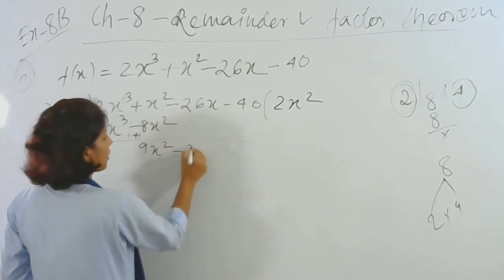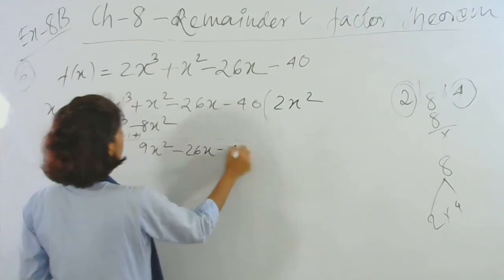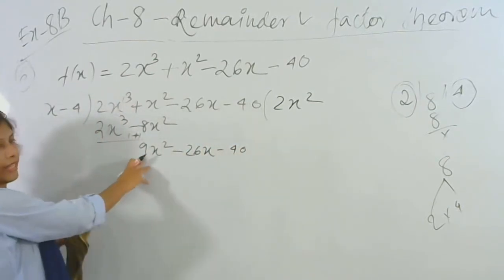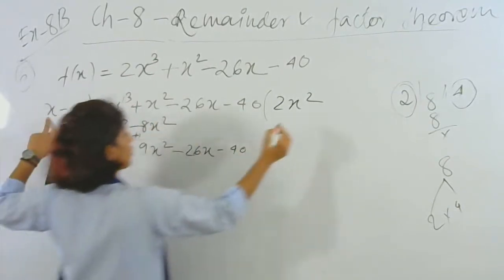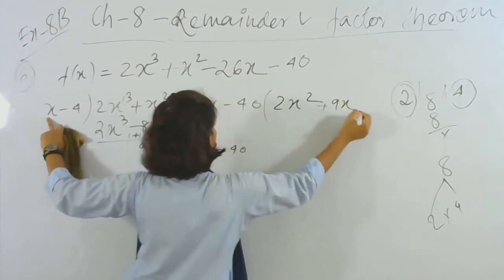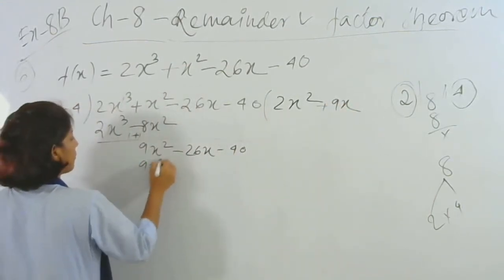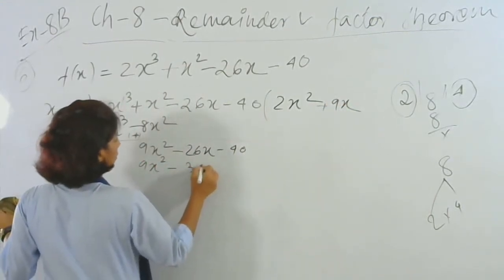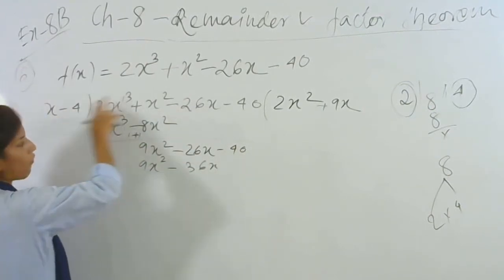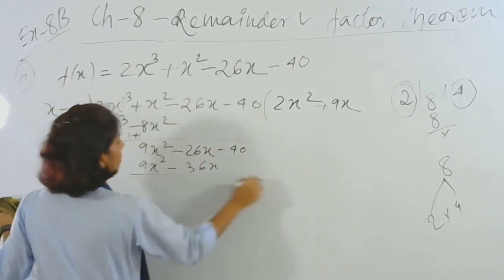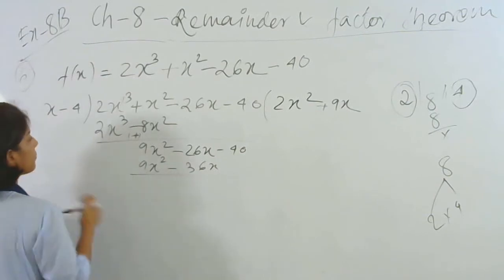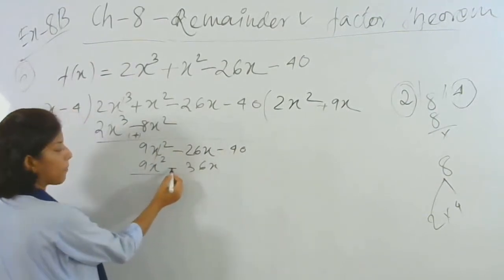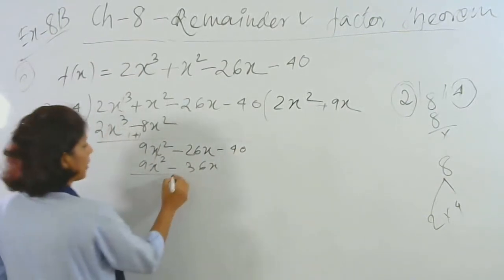Then minus 26x. Then again now I have to match with 9x square. So x into how much? Plus 9x will be 9x square. Then minus 4 into 9x will be minus 36x. So again this minus, again opposite symbol, it will become plus.